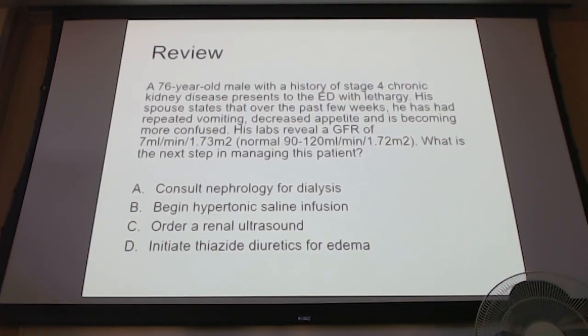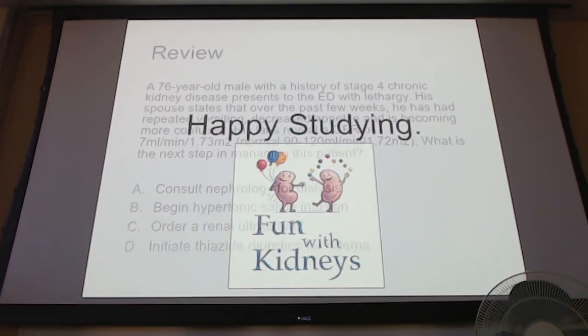Stage 4 kidney disease, lethargic, he's got systemic symptoms, potentially CNS symptoms, and his GFR is 7. He needs dialysis. Questions about that? Questions about anything else?